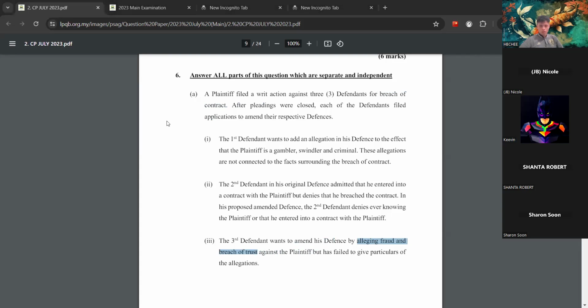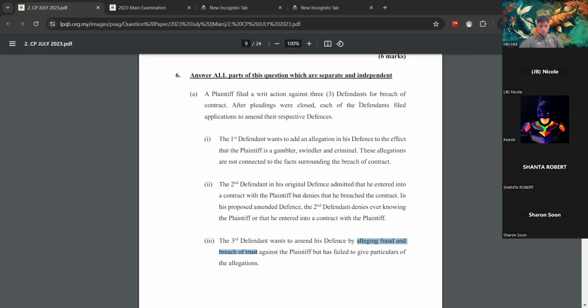Because fraud and breach of trust could be a criminal offense, or to be very honest, I don't think there is any connection. So when I attempted this question, my answer was no.